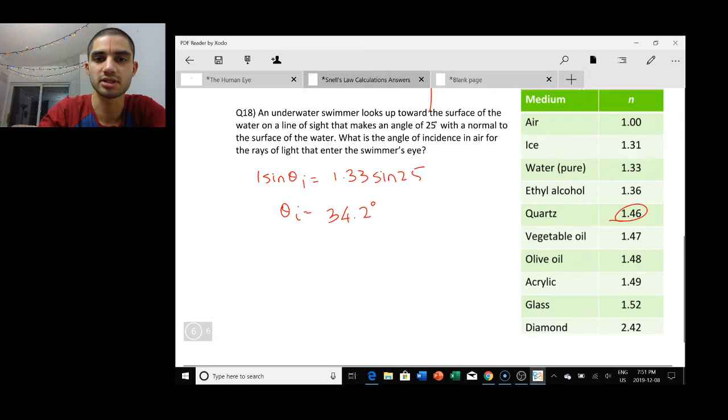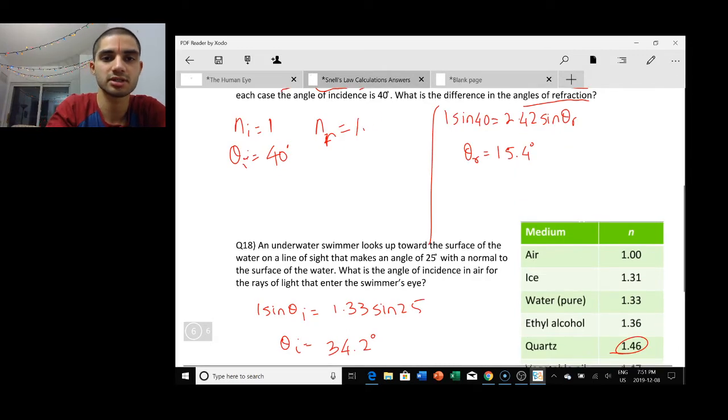We can see that is 1.46. And I have to find my angle of refraction. So I know that, again, Ni sine theta I equals Nr sine theta R, so I'm going to put 1 times sine 40 equals 1.46 sine theta R.